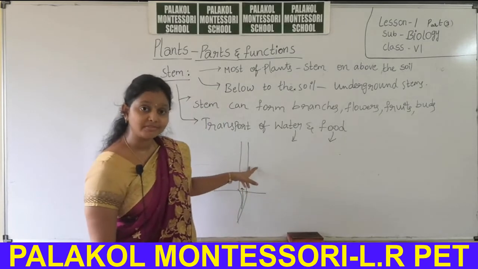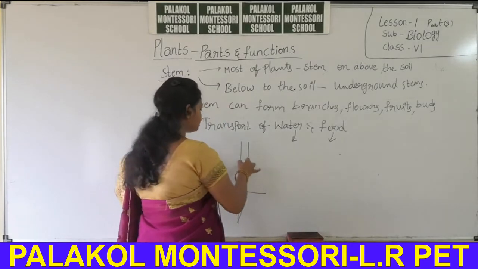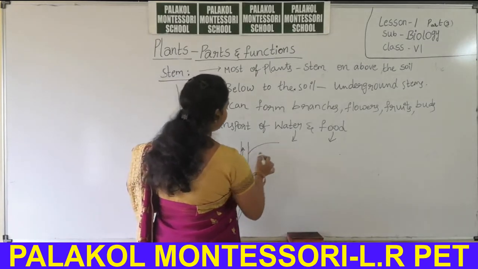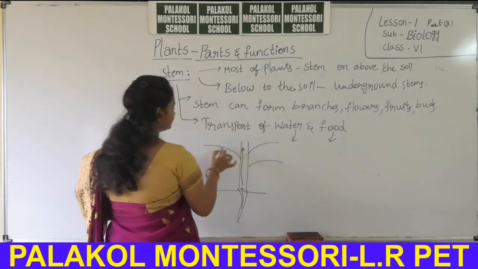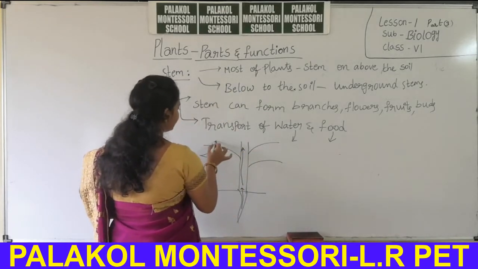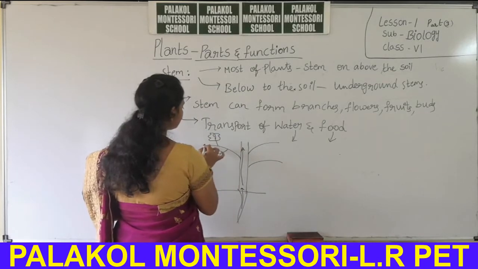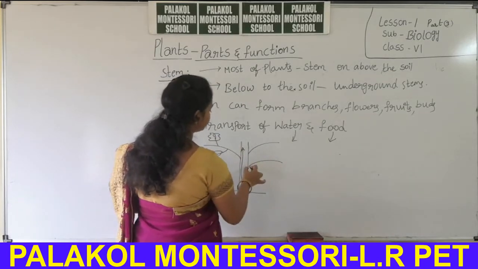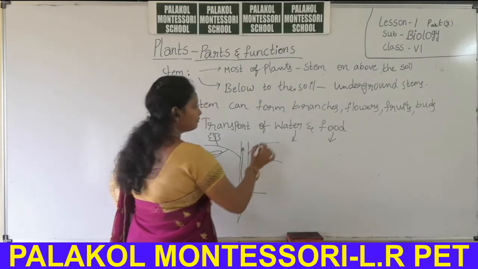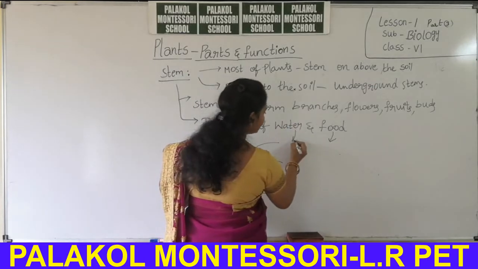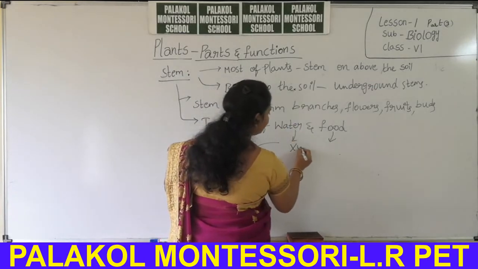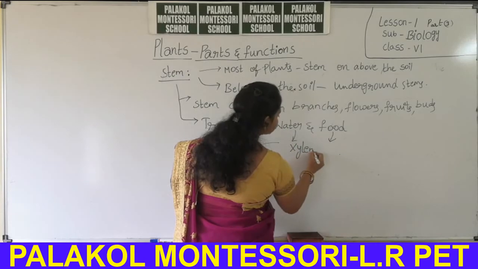From the stem, the water is transported through branches to branches and leaves and then flowers, etc. parts. So, for transporting water, the plant body has a special tissue called xylem.